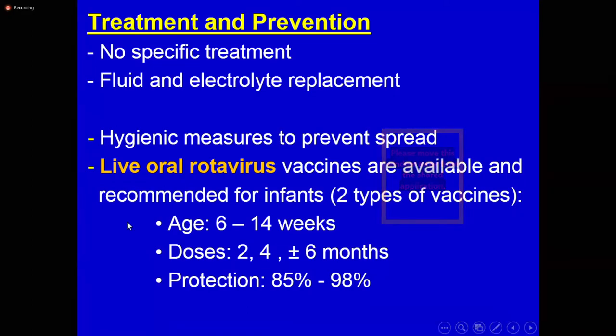For infants we use it at the age of 6 to 14 weeks. يعني شهر ونص إلى 3 أشهر ونص. دوسز بالشهر الثاني، بالشهر الرابع إلى plus minus 6 months. يعني نعطي الجرعة الأولى بالشهر الثاني والجرعة الثانية بالشهر الرابع. بالشهر السادس plus minus تعطيها.